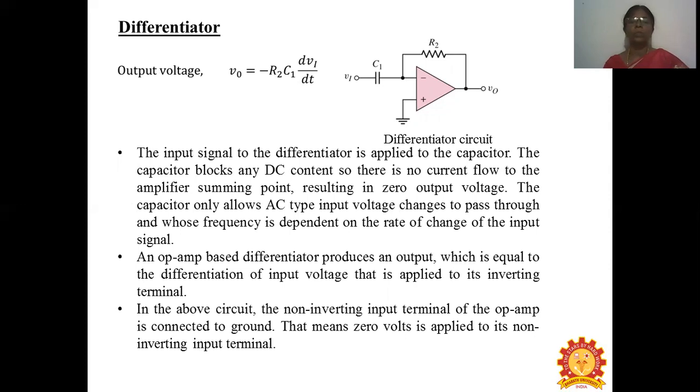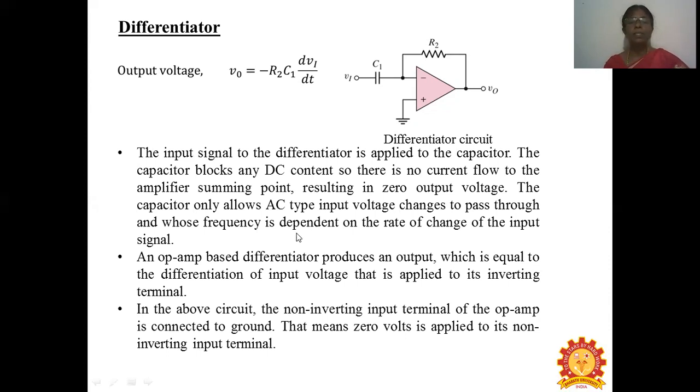V1 source. An operational amplifier based differentiator produces an output which is equal to the differentiation of the applied voltage to the inverting terminal of the circuit. So in this circuit, the non-inverting input terminal of the operational amplifier is connected to ground.